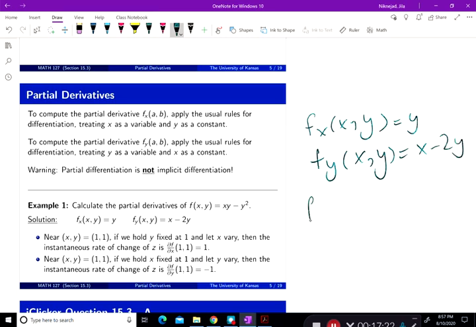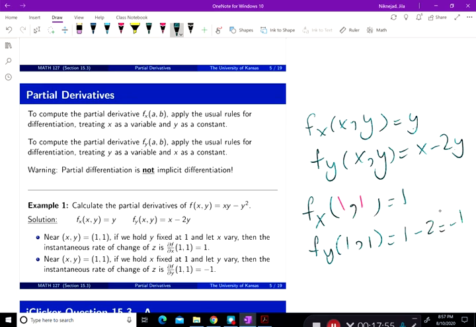Now, f sub x of 1 and 1: you plug in 1 for y and 1 for x, but you don't have an x in here, so it would be 1. What about f sub y of 1 and 1? Plug in 1 for x, plug in 1 for y, and it would be negative 1.